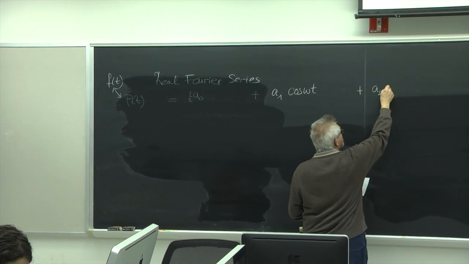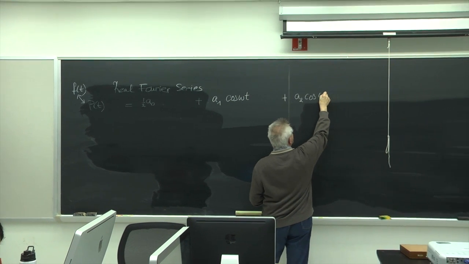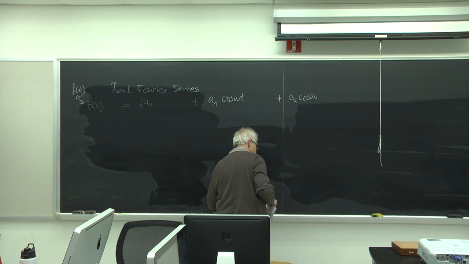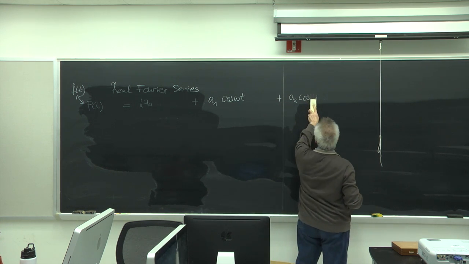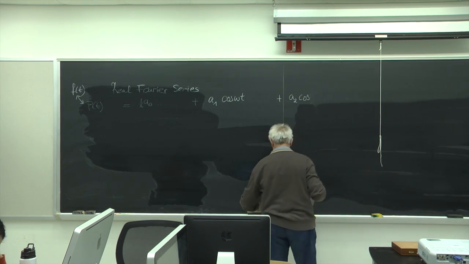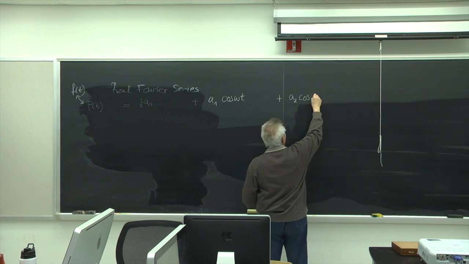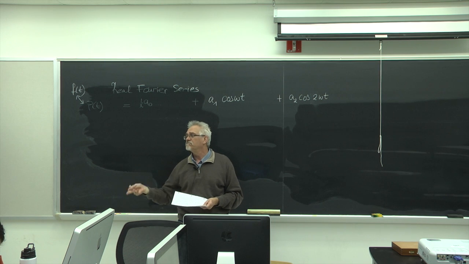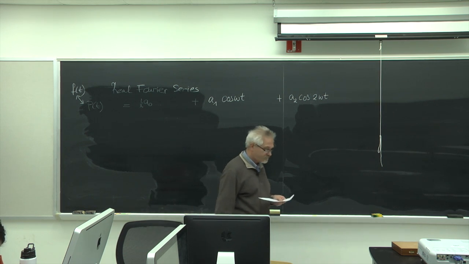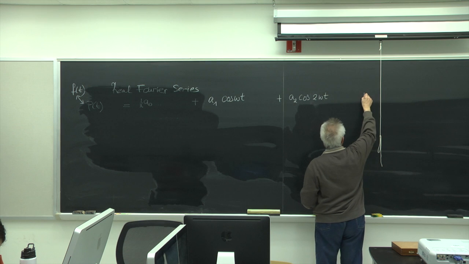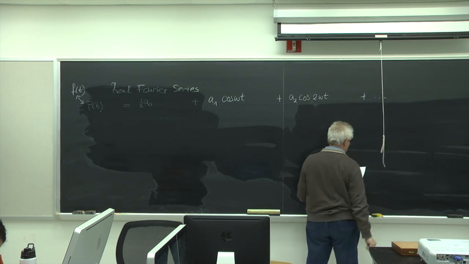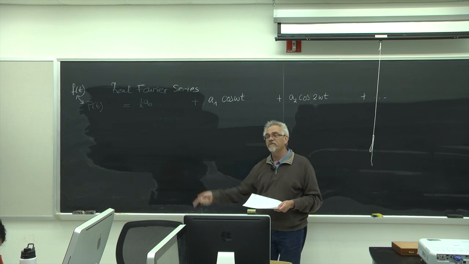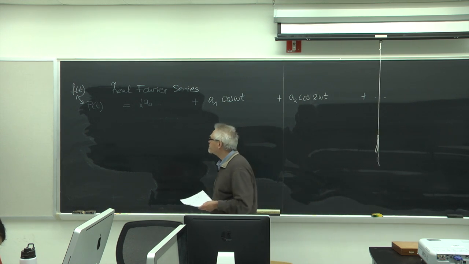a2 cosine 2 omega t, so that is twice the frequency, plus etc. Of course, you will get 3 omega t, 4 omega t, and you keep going.